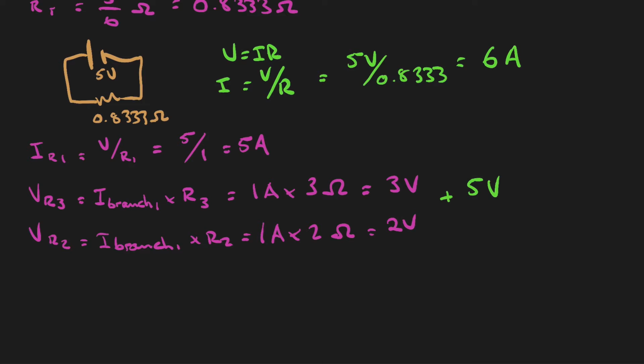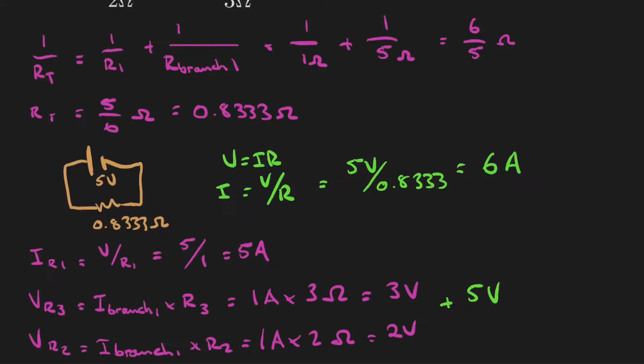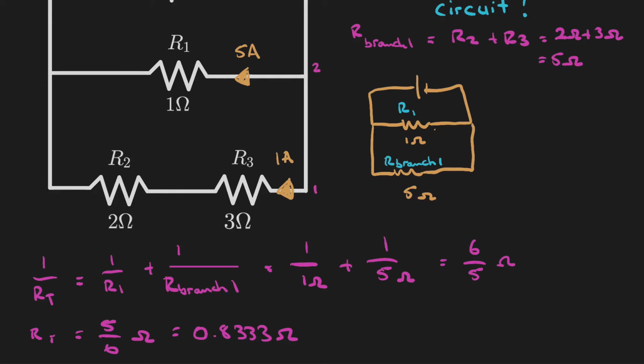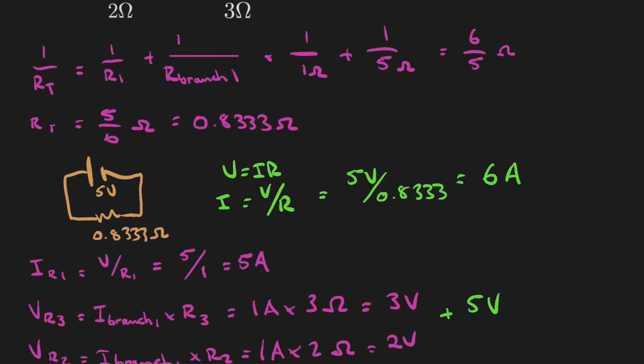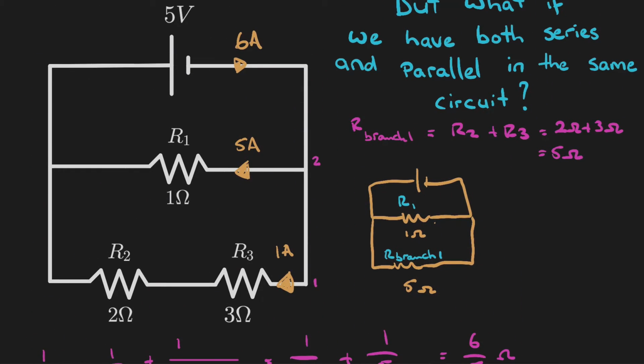So we know that we're right. We know that there is in fact 1 amp flowing through branch 1. And we now know that there's 3 volts in R3 and there's 2 volts in R2. So we've calculated both current and voltage in this entire circuit.